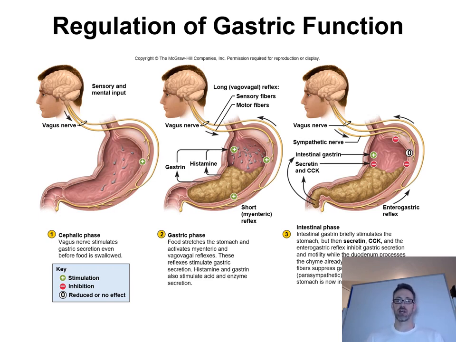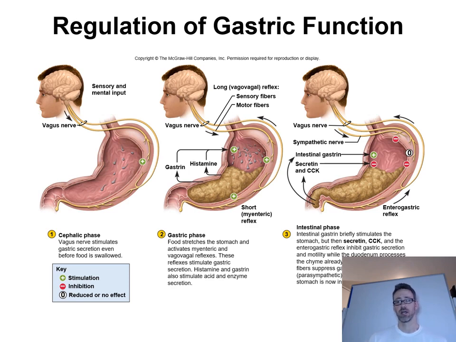In the gastric phase, the contents are actually in the stomach causing mechanical and chemical digestion. The distension causes further increases in secretions, as well as the contents. So amino acids that are being broken down stimulate the G cells and so on. That creates a lot of short reflexive loops within the stomach itself. And then finally you have the intestinal phase. The gastric phase will secrete about 60% of the secretions.